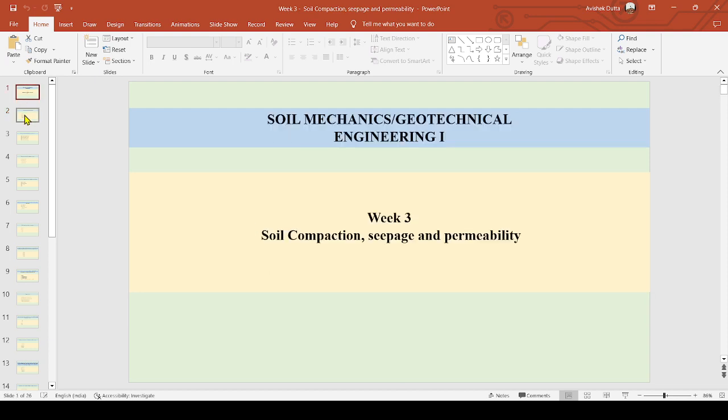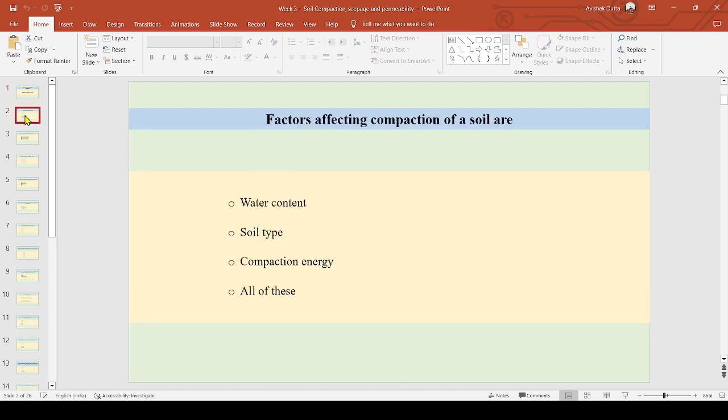So I'll start. Soil compaction, seepage, and permeability. The first question is: the factors affecting compaction of a soil are, your options are water content, soil type, compaction energy, or all of these.